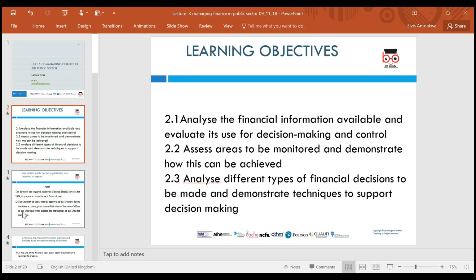I brought in the NHS financial statement for us to look at. Then we jumped onto 2.3, looking at different financial decision making, whether for investment or any other purpose, and we've assessed areas to be monitored and how we'll be able to achieve financial accountability. So we've got these three things down.